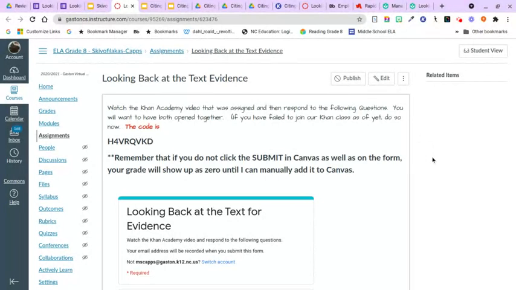A lot of you go into panic when you see that, because when you just submit the Google form, it goes to a spreadsheet for me, and I have to manually transfer grades one at a time into the grade book. So the Canvas system automatically assumes, unless you hit submit, that you didn't do the assignment. So you want to hit submit for the Google form and submit for the Canvas assignment.